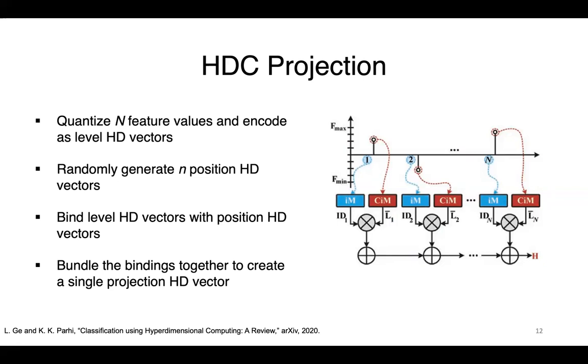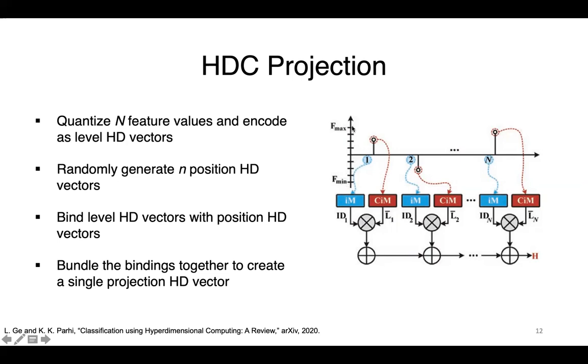Then the quantized feature values are encoded as d-level hypervectors, which are not necessarily quasi-orthogonal to each other. So in the diagram, the level hypervectors are shown as these vertical plotted lines, and their heights represent the levels of their respective feature values. And you can see the levels kind of marked off on the y-axis, ranging from f-min to f-max.